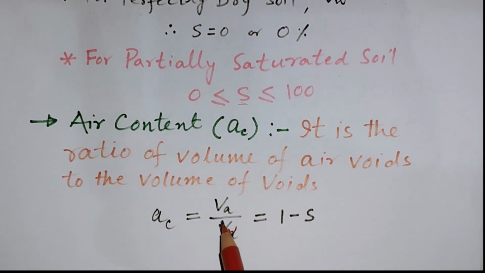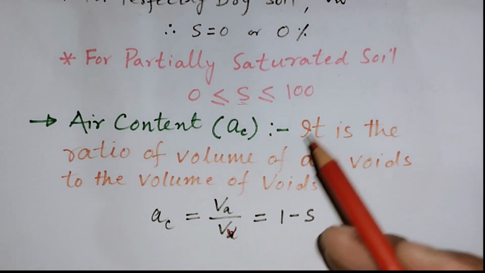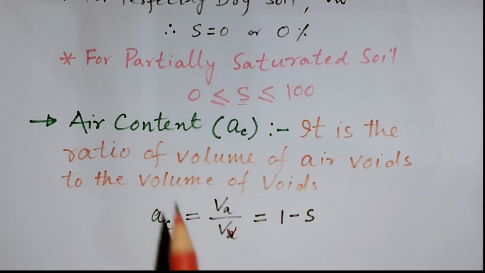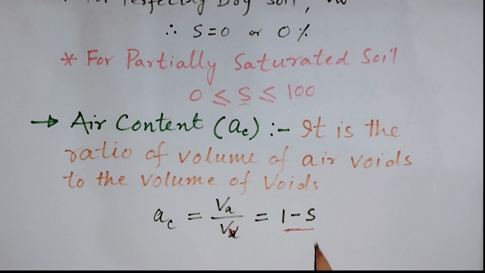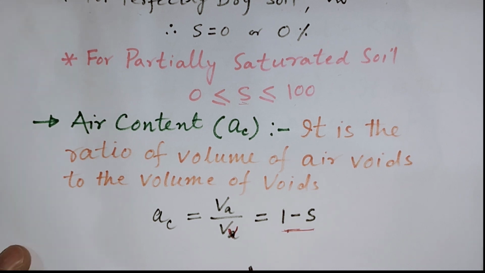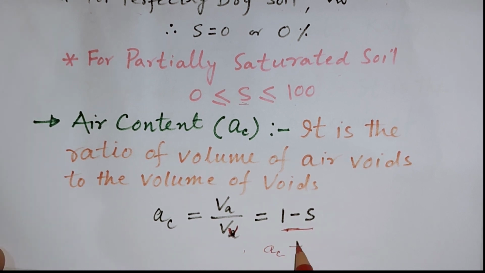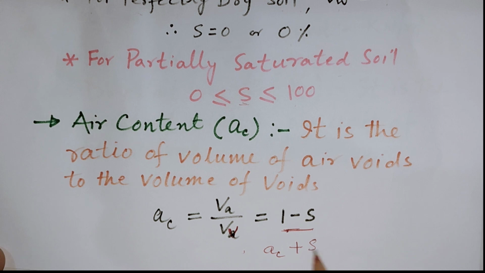And if we compare degree of saturation and air content, it will be 1 minus S, or you can say AC, air content, plus degree of saturation is equal to 1.